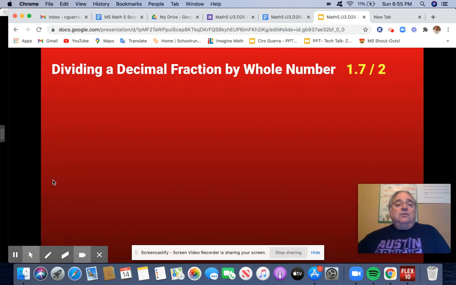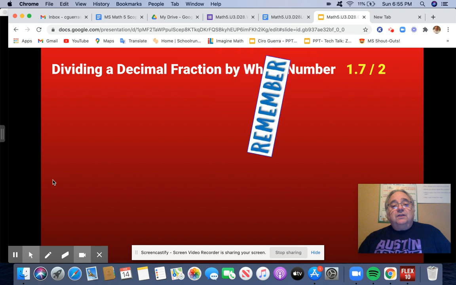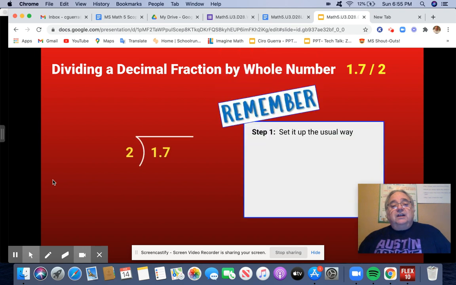All right, so the first problem we're going to be working on is dividing a decimal number by a whole number, 1 and 7/10 divided by 2. So what's the first thing we do after we set it up in the usual way?